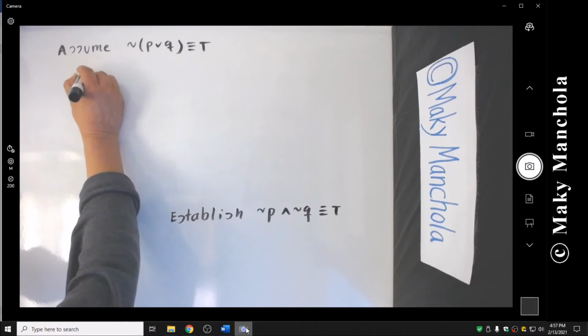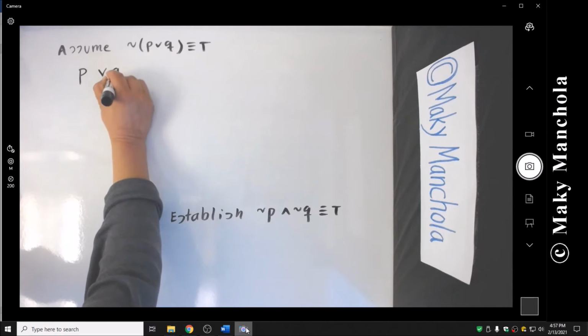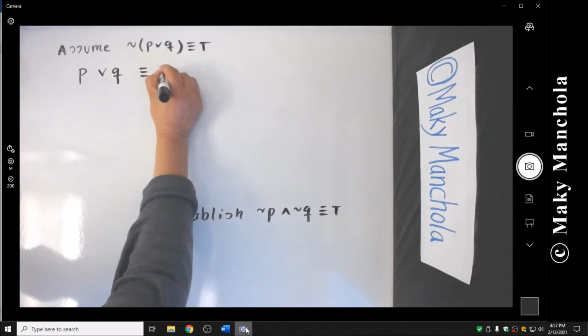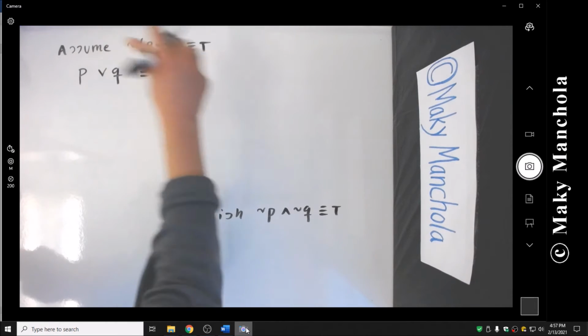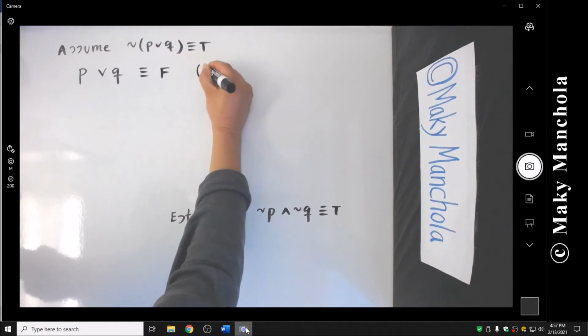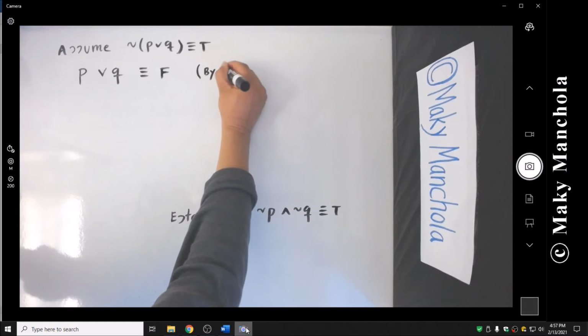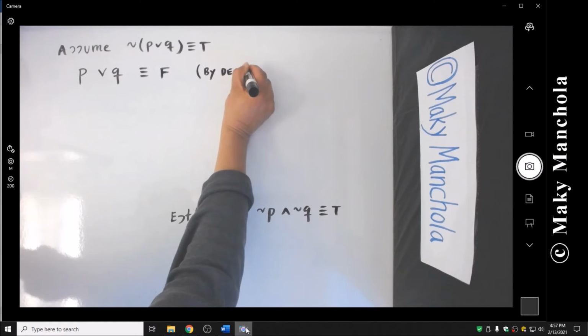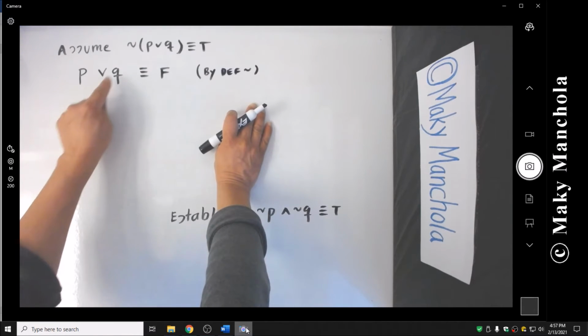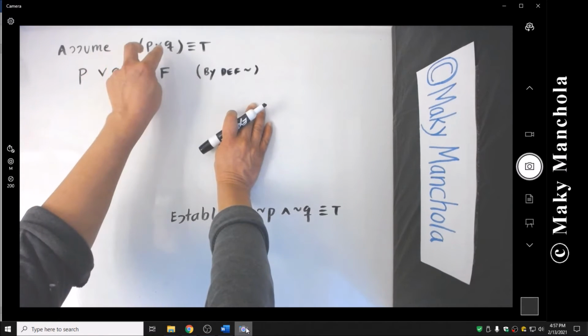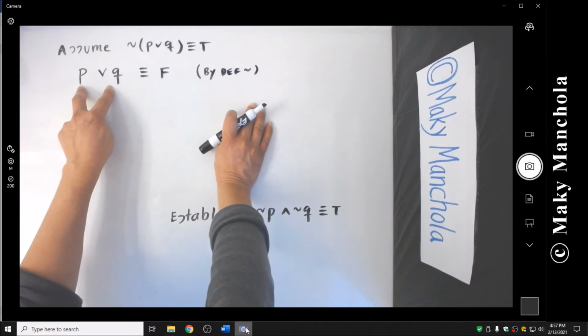What happens to P or Q? Well, that will have to be false. This is by definition of the negation. The negation says the negation of false is true. So this P or Q has to be false.